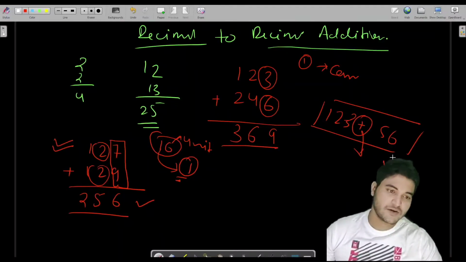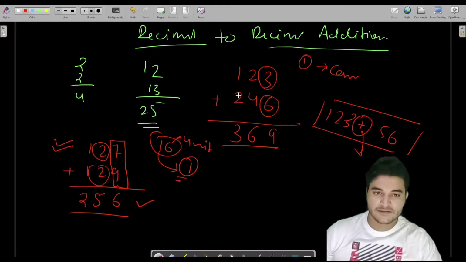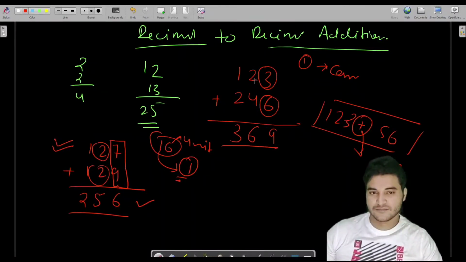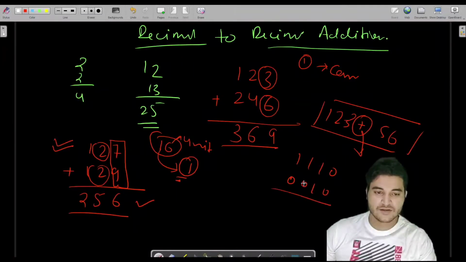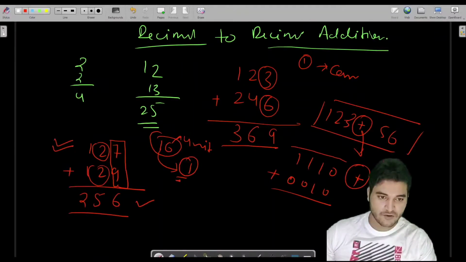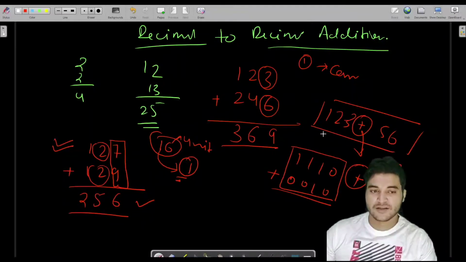But here the spirit of the question is, we have to add these two numbers using the logic which we are going to use today. Or let's say we have two binary numbers, 1100010, then you cannot apply this plus operator directly. Of course you can convert them and then apply. But what if you have to add these numbers in the form of binary only, without converting, then you must apply the logic I am going to explain now.